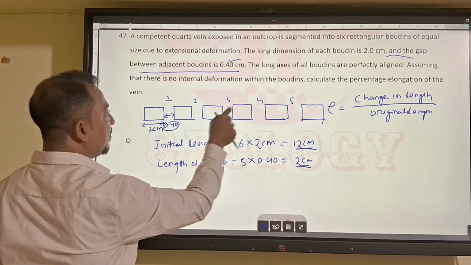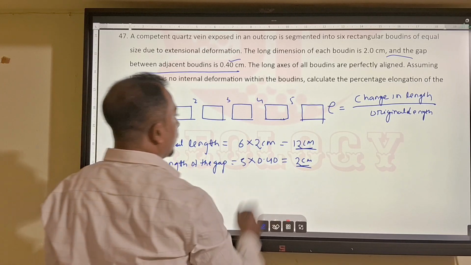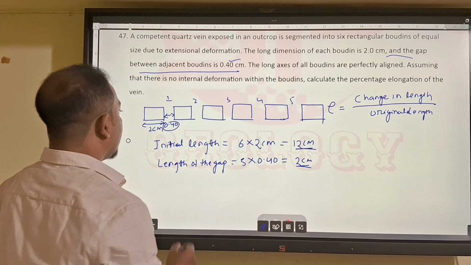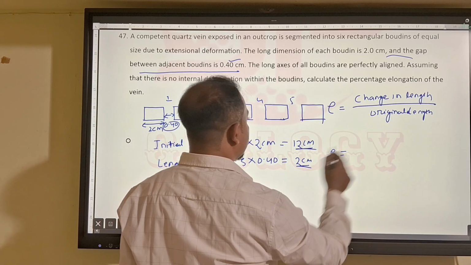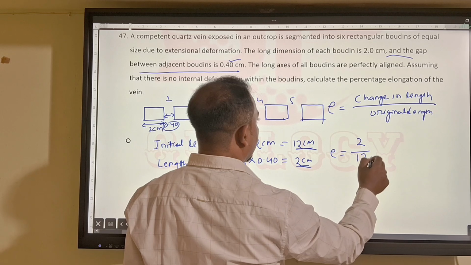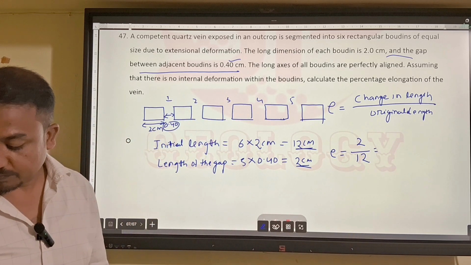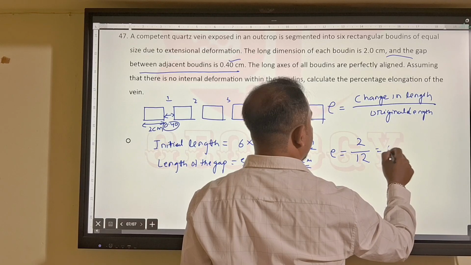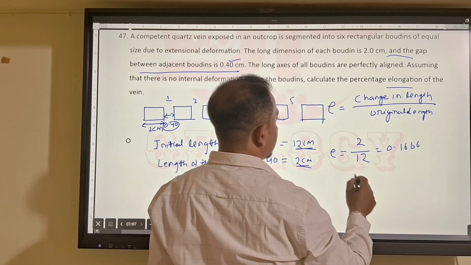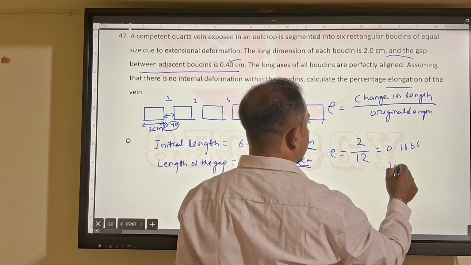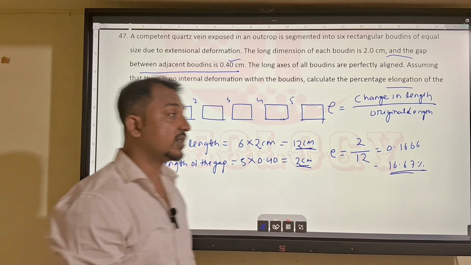These gaps are the change in length, so it will be 2 centimeter. So you have to calculate the extension, that is change in length: 2 centimeter divided by 12. It will be 0.166. Now it is asked in percentage, so it will be 16.67 percent.